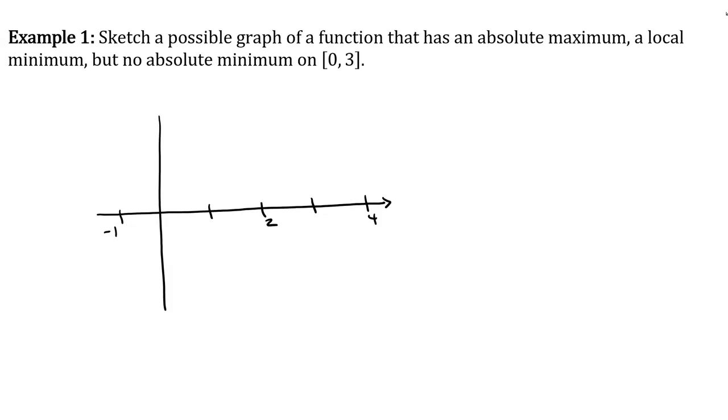So an absolute maximum means that that maximum can't be any higher. But I also will have a local minimum, but no absolute minimum. So I'm going to go into negative infinity for this no absolute minimum.